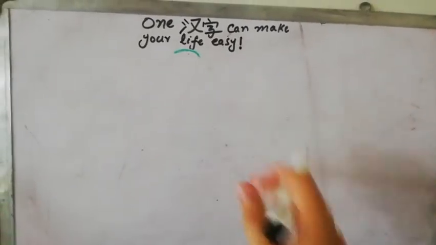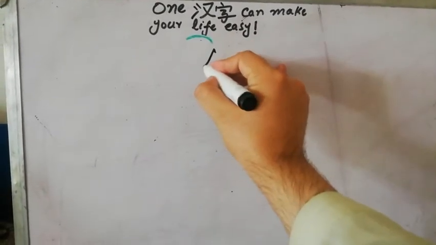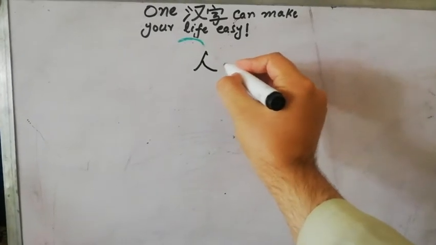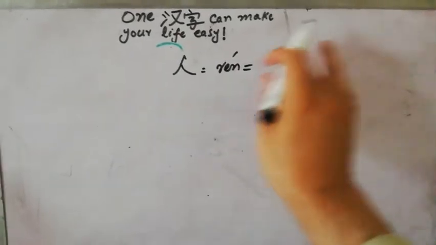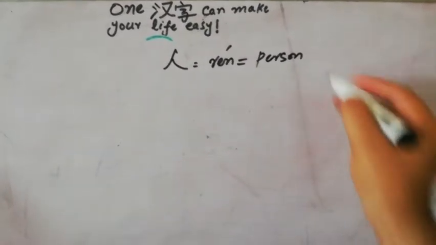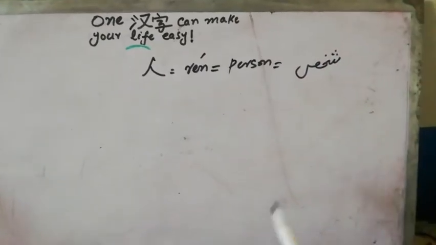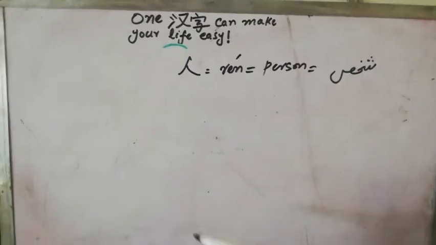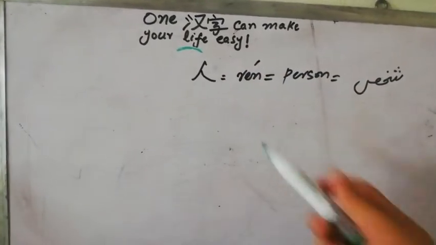The character used for writing person in Chinese is 人, 人. So 人 means person. In Urdu it means shakhs. 人, person, shakhs.